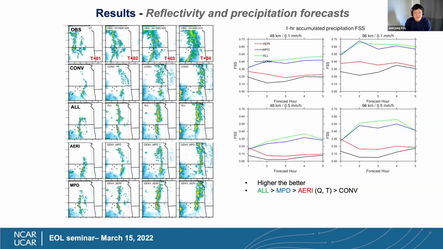Okay, this is the result. The first row shows the radar observation. The reflectivity forecast shows that when we assimilate all observations, the ALL experiment, the simulation predicts more organized and strong convection, which is more consistent with the observation compared to the conventional observation experiment.